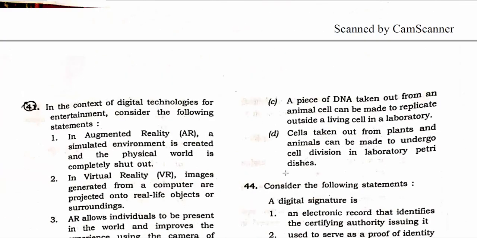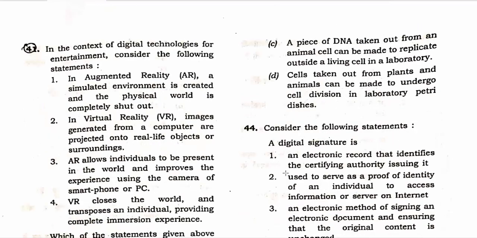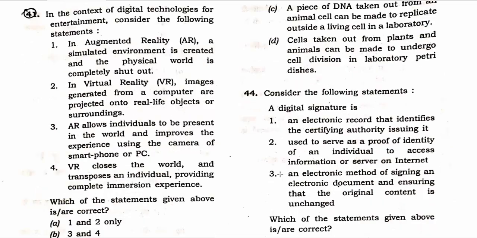Then we have, in the context of digital technologies for entertainment, consider the following statements. This is about augmented reality and virtual reality. Most of the time we check biotechnology and other things, but we fail to understand the terms on augmented reality and virtual reality.